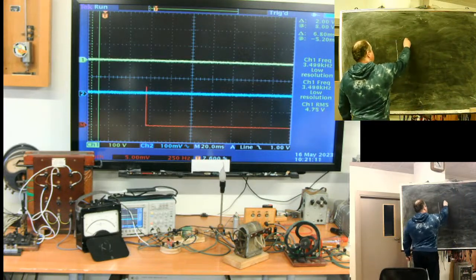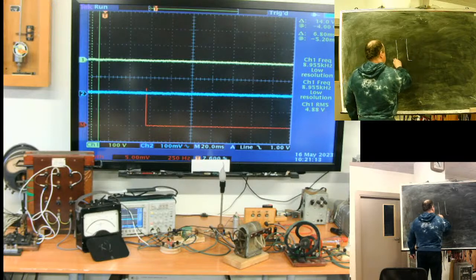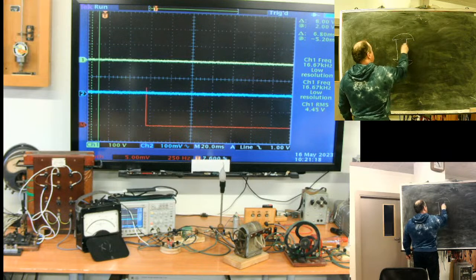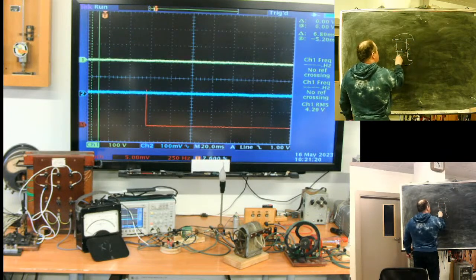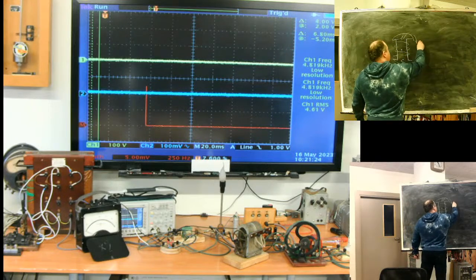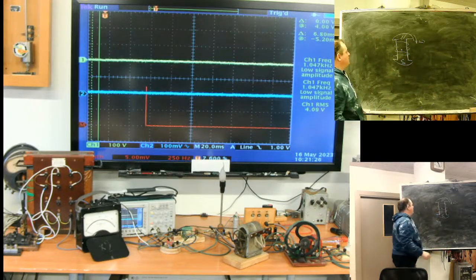See, it's a form. If we have something like this, let's say a coil, and it's rotating with the speed of omega.